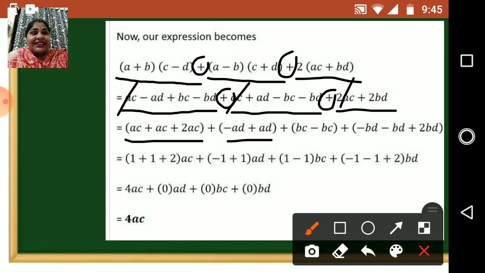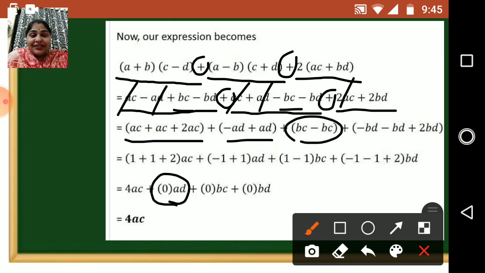Again ad and ad. I got here negative ad, and here one positive ad, so negative 1 and positive 1 get cancelled, so 0. So 0 ad you can see here, right? Now next one, bc minus bc, here again you can see, which is again 0 bc.